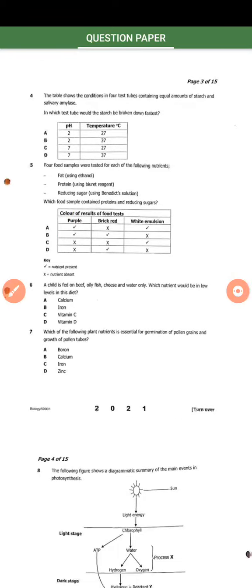Okay, then the next question is: a child is fed on beef, oily fish, cheese and water. Which nutrient would be in low levels in the diet?